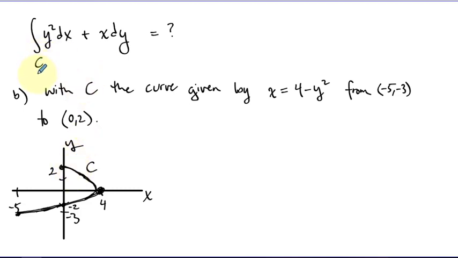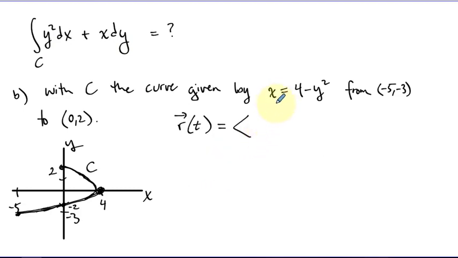The best thing in the circumstances, with the information as it's given, would be to find a parameterization for the curve. If that parameterization is in terms of t, we can replace the differentials dx and dy by a differential in t.